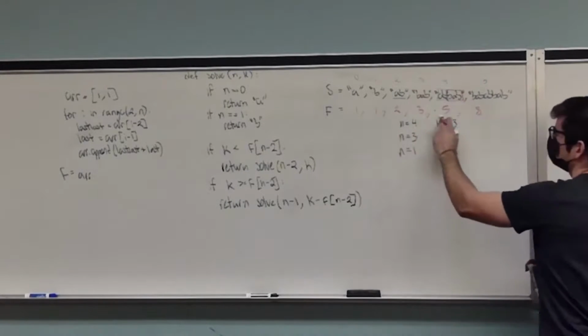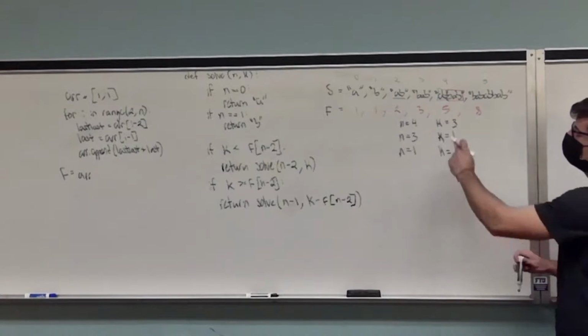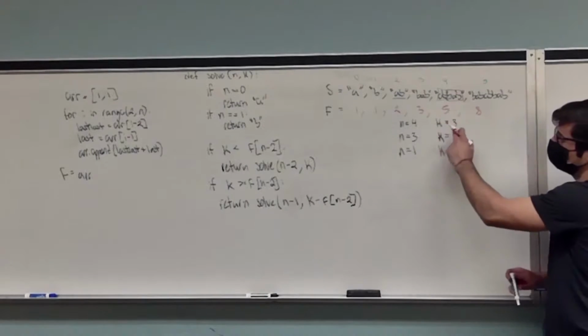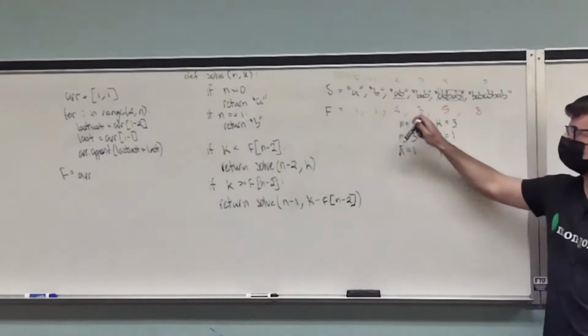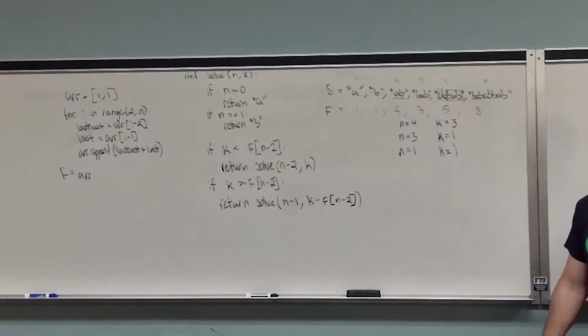So when n was equal to 4, we were here. By just looking at the string, we know we have 5 characters there, right? But k is equal to 3, and that's more than enough to tell us whether we should be looking at the left, which is n minus 2, or the right, n minus 1.